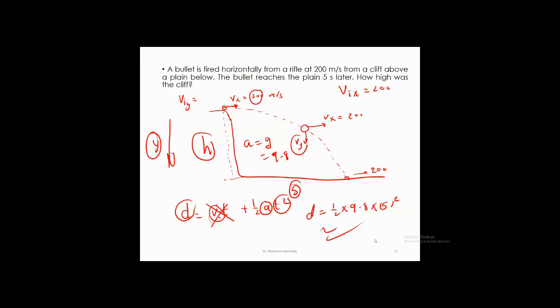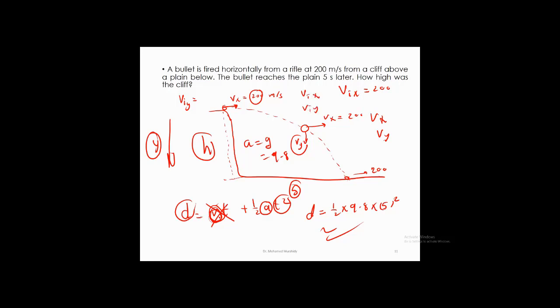Understood? Excuse me, yes, repeat. Azam asked why I just canceled this term, the cancellation of Vi. Which Vi is it? I have two velocities, Vx and Vy, and each one of them has Vix and Viy.